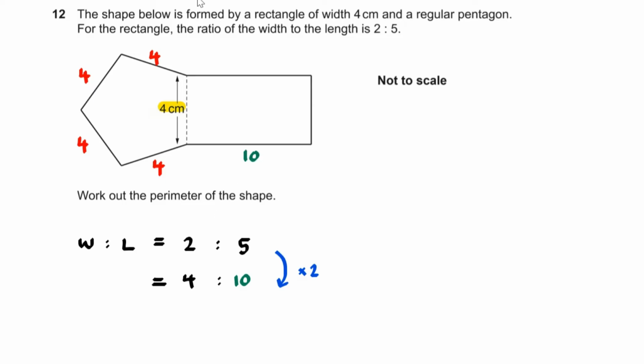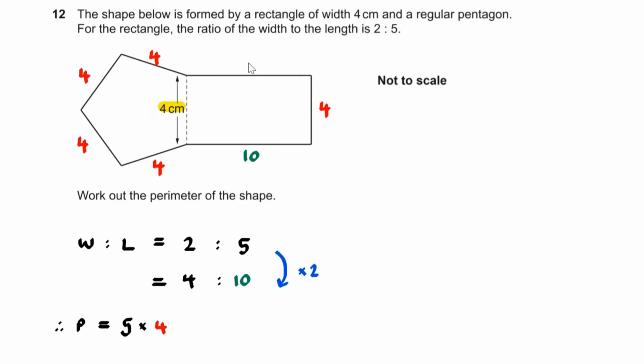So for us to work out the perimeter, you can see we've got 1, 2, 3, 4 times by 4. And then what we have is another 4 here. So instead we've got 5 times by 4.